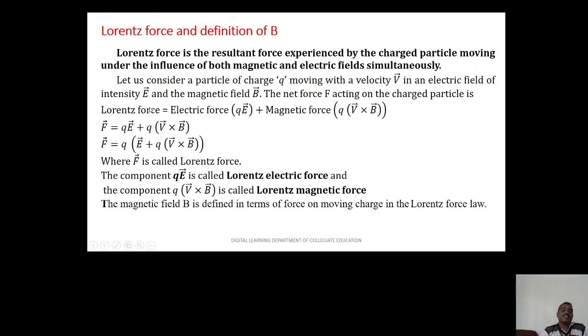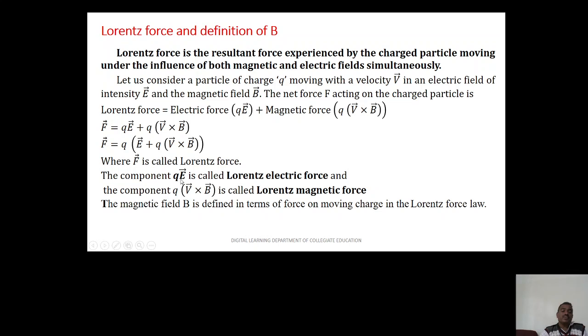The Lorentz force is the resultant of the electric force and magnetic force. Therefore, this Lorentz force is equal to QE, the electric force, plus Q(v × B), the magnetic force. If you take Q common, you get this equation, where F is called the Lorentz force.